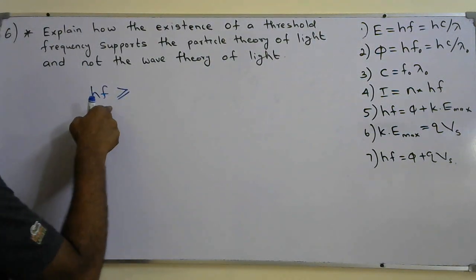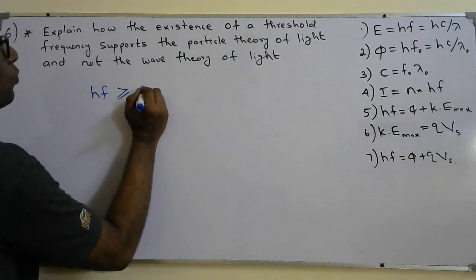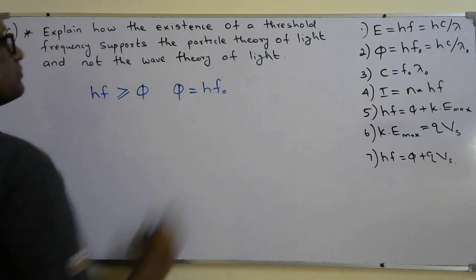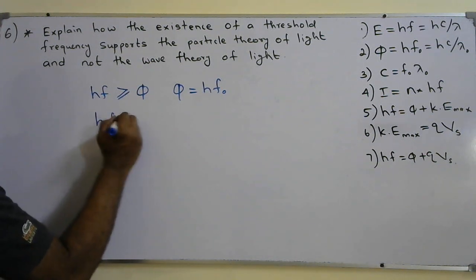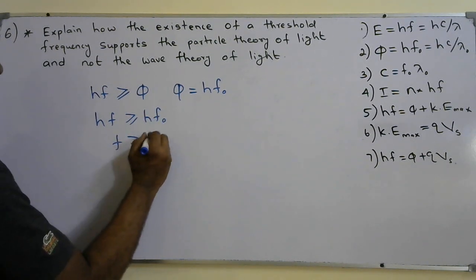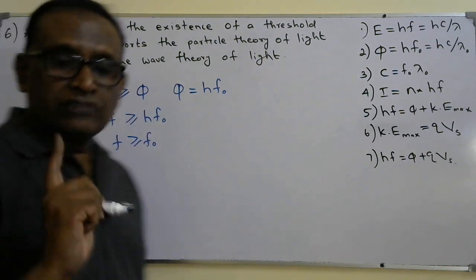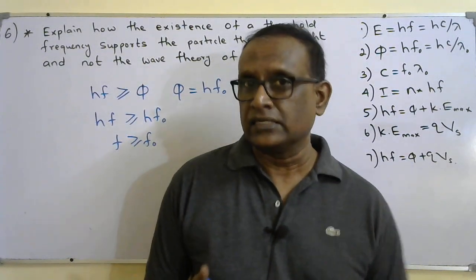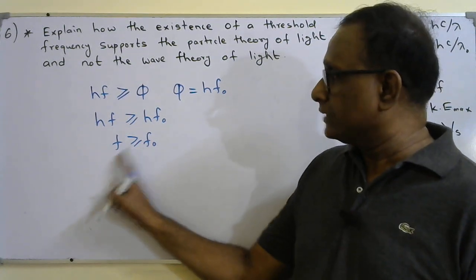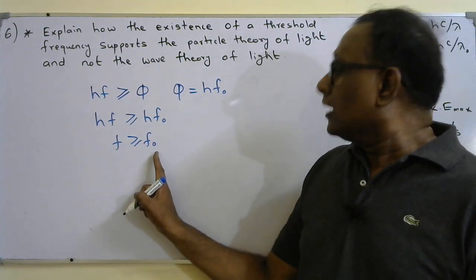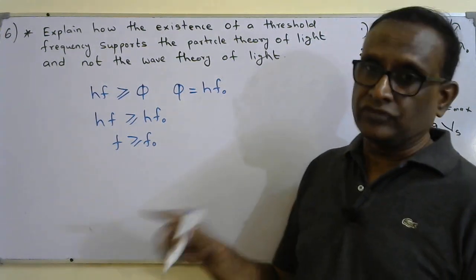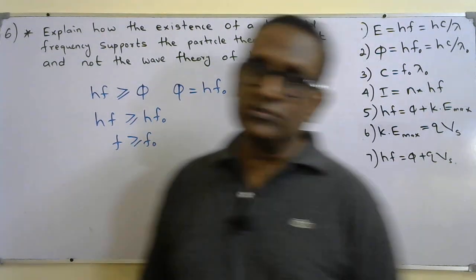So the energy of the photon must be greater than or equal to the work function. The work function is given by HF naught. Therefore, HF must be greater than or equal to HF naught, so F must be greater than or equal to F naught, and you should say one photon interacts with one electron. Therefore, to remove an electron, the frequency of the photon must be greater than or equal to the minimum frequency required to remove the electron from the surface, which is called the threshold frequency.